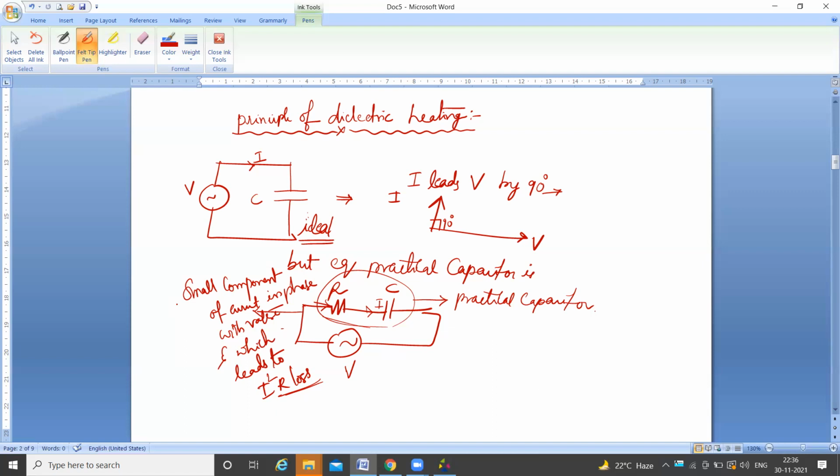Dielectric loss is nothing but waste of energy in the capacitor in the form of heat.